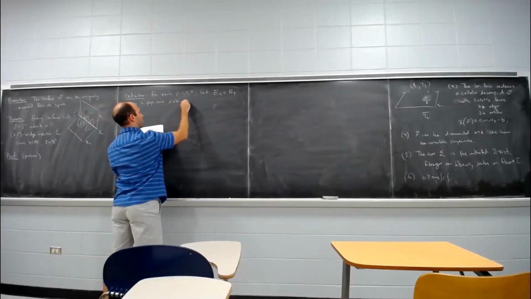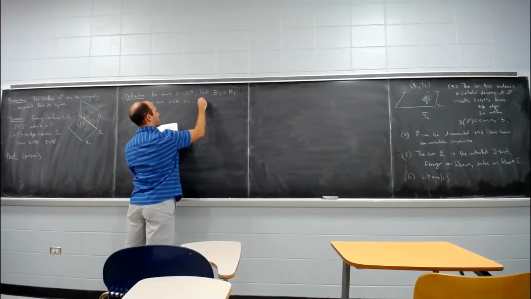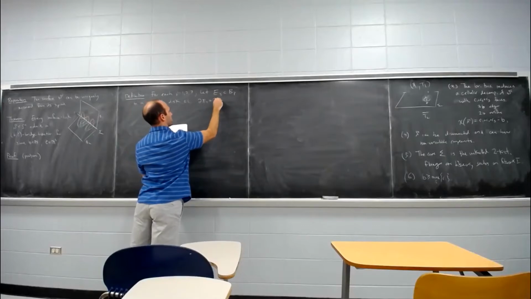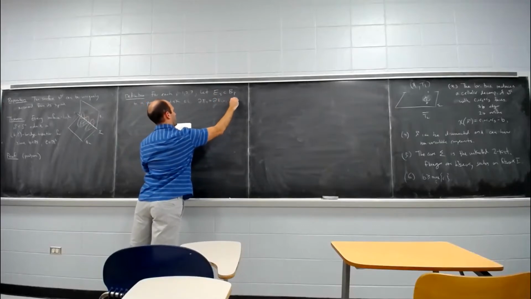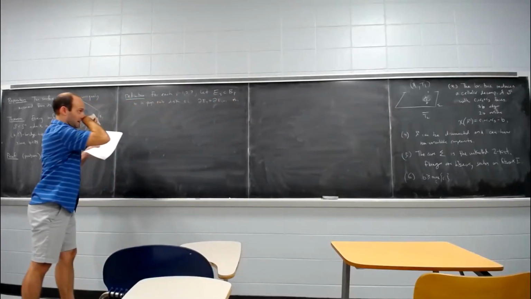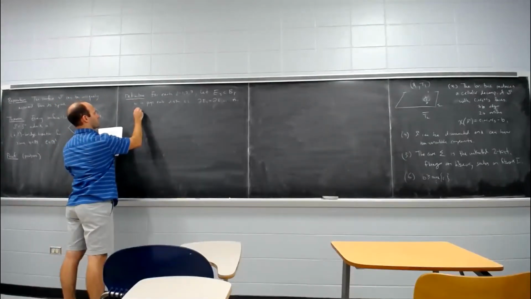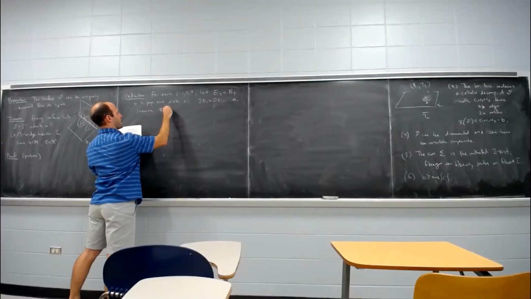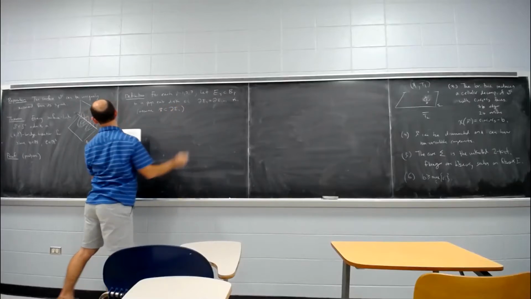And we can assume that the boundary of E_i equals the boundary of E_{i+1} for all i. And we can also assume that our bridge points lie in the boundary of E_i.